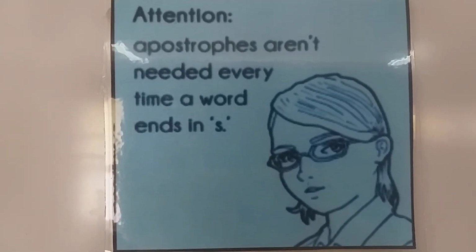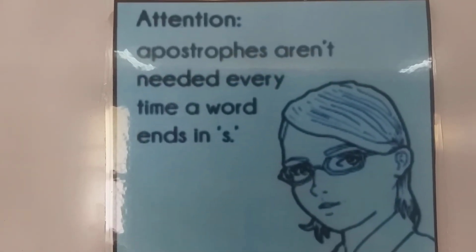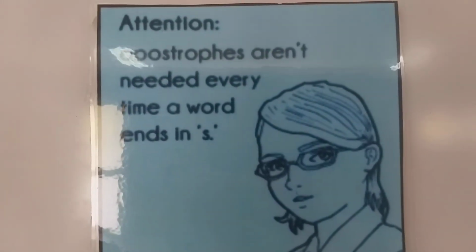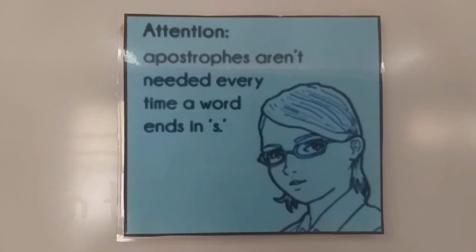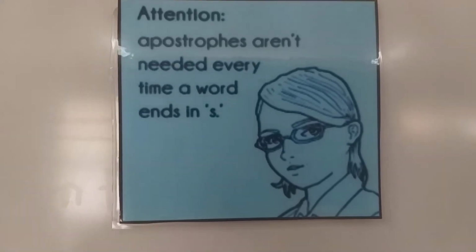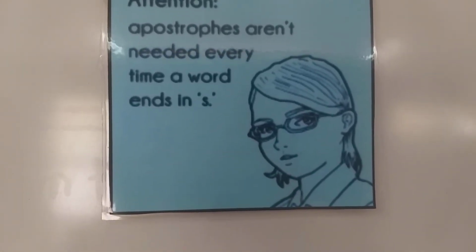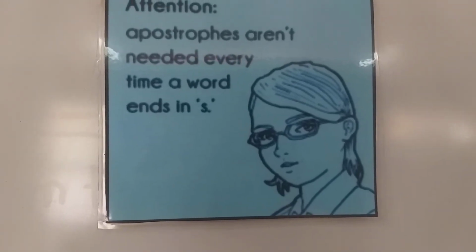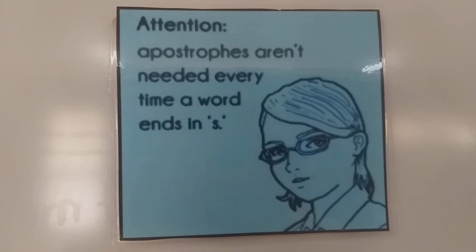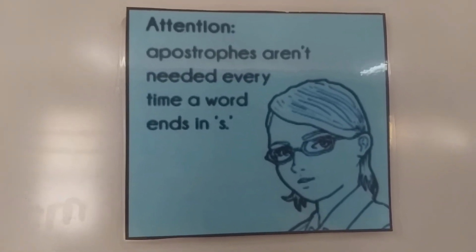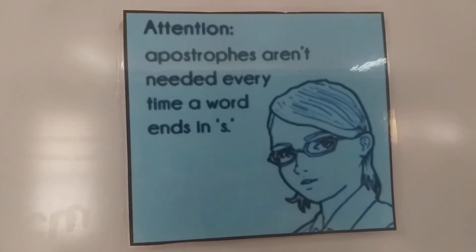In fact, 9 times out of 10, a word that ends in S does not need an apostrophe. So we are learning about it today, but that doesn't mean that every word that ends in an S, you go and put an apostrophe with it. Just double check that it is in fact showing possession and it doesn't actually mean more than one.